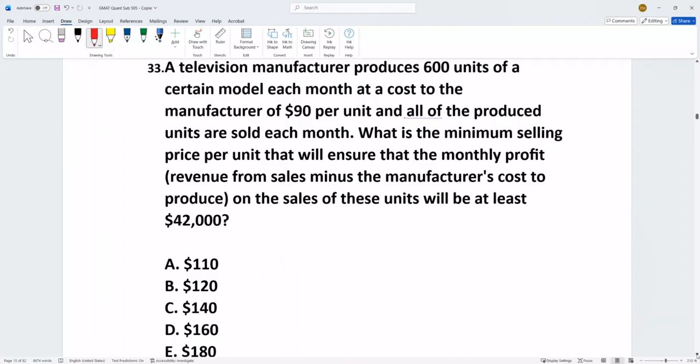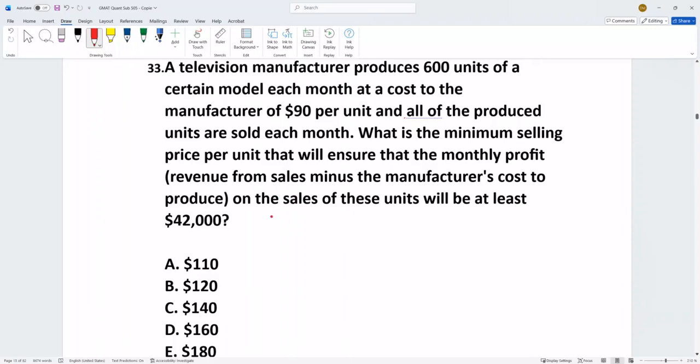What is the minimum selling price per unit that will ensure that the monthly profit, that means revenue from sales minus the manufacturer's cost to produce these units, will be at least 42,000.